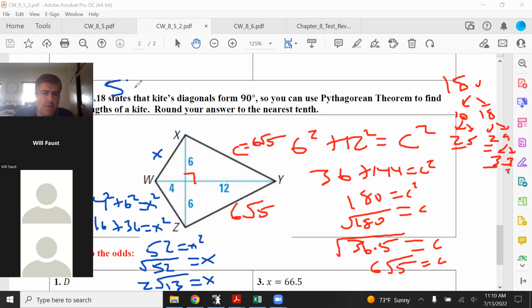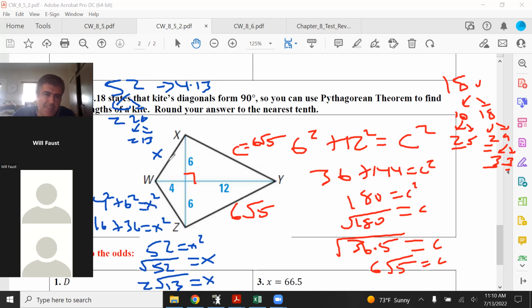Because 52, if you break that down, you get 2 and 26, 2 and 13. So that's 4 times 13, which is 2 root 13. So those are your missing sides.